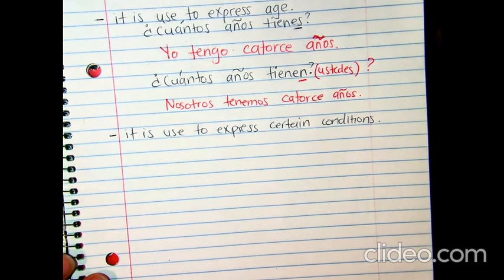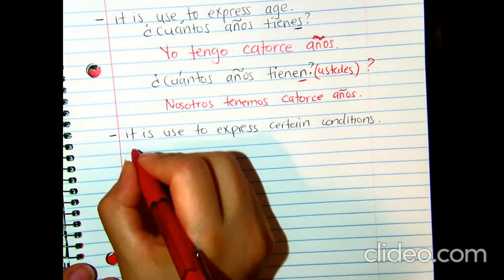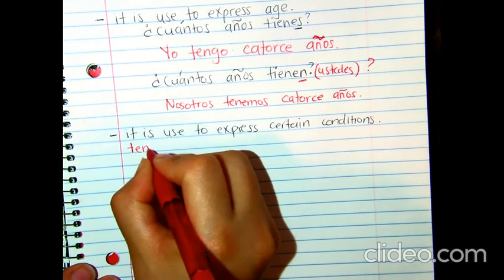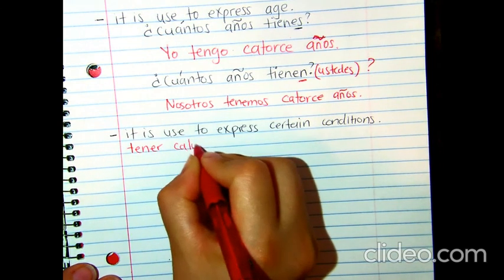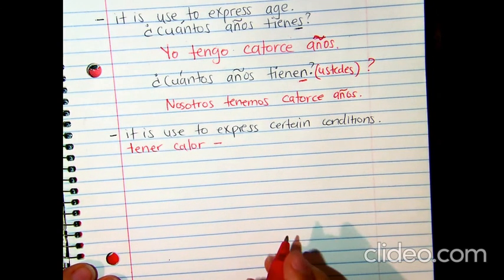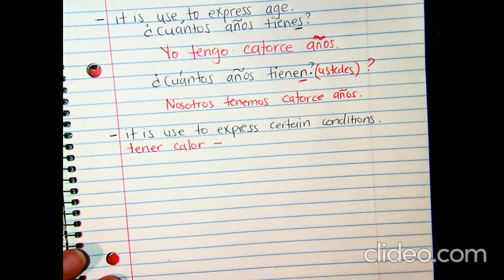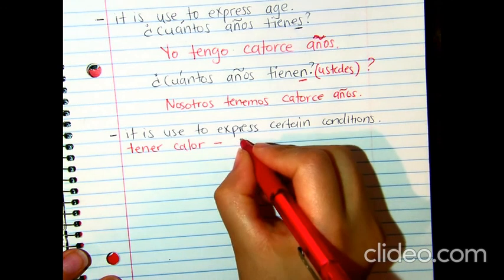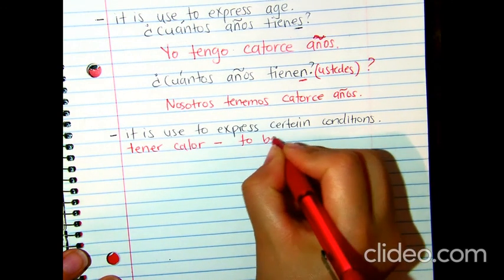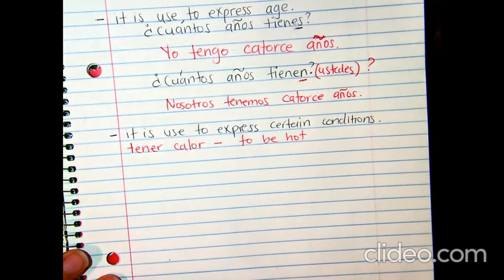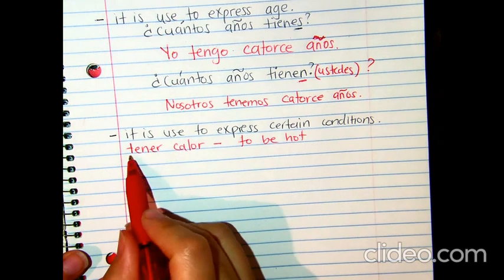Okay. So here we have the first one. Tener calor. When you're trying to express that you are feeling that the weather's really hot, you can feel it in your body. Tener calor, to be hot, as in it's super hot. You will use the verb tener calor.